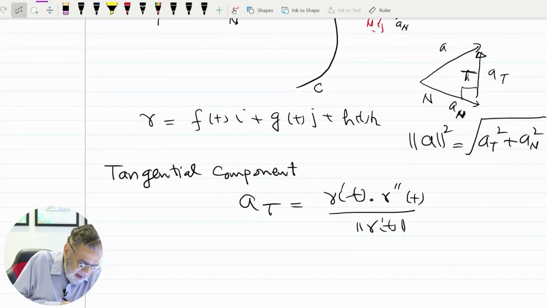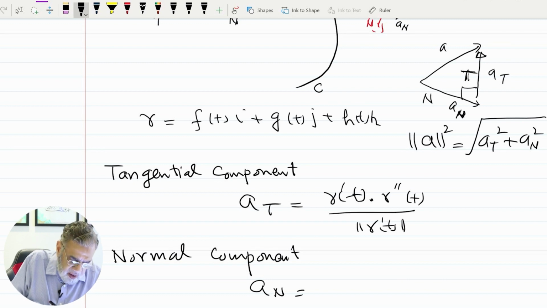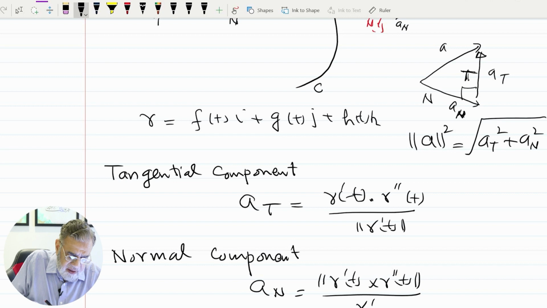From there we can also find the normal component of acceleration, by using the Pythagoras theorem, or we can find it directly. Here a_N is equal to the cross product: r'(t) cross r''(t), we take the magnitude of this and divide by the magnitude of r'(t).